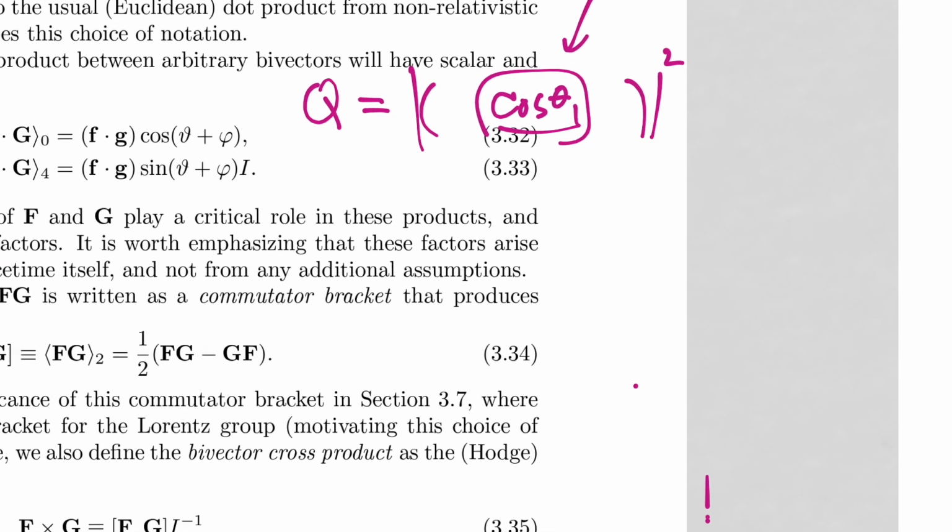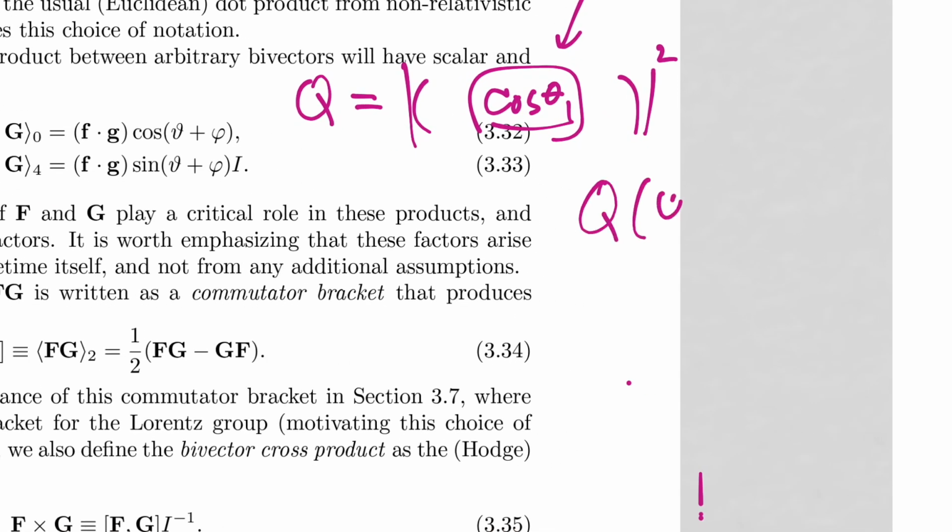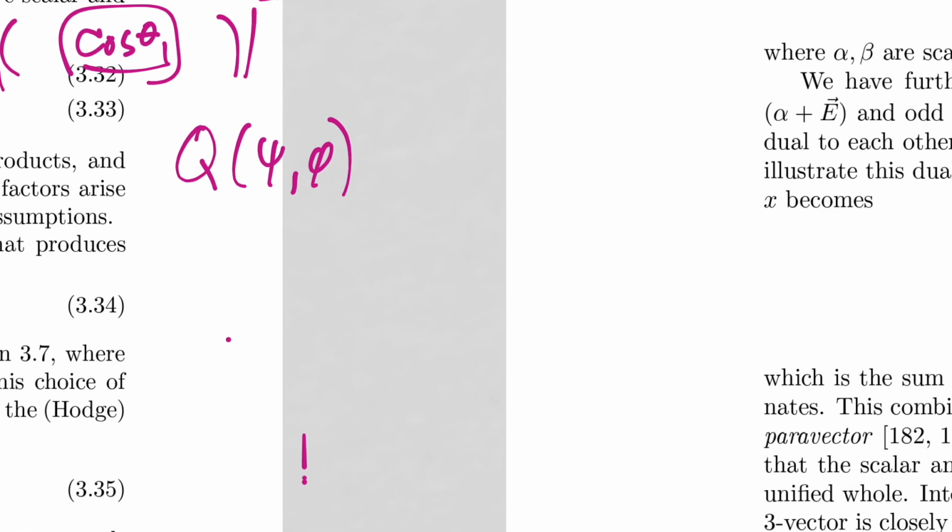So, for example, Q would depend on, say, psi and phi, and then Q ultimately equals something like psi plus phi quantity squared, right?